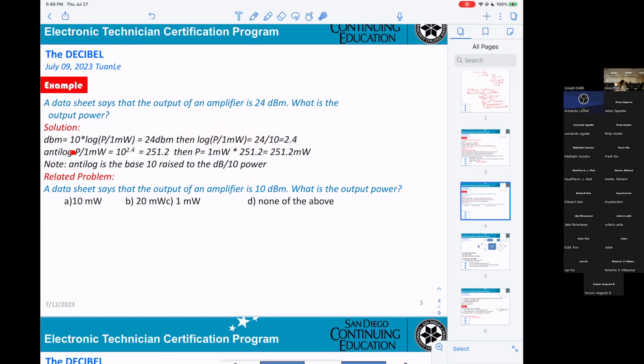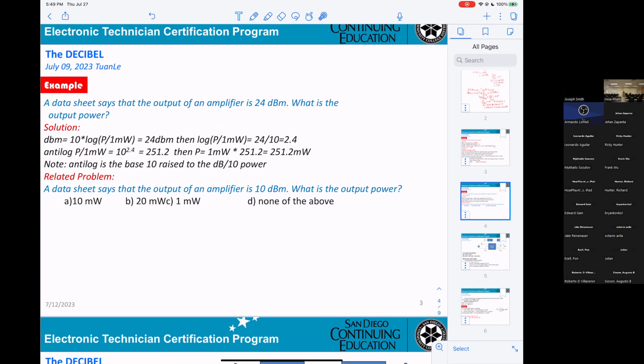And you remove the log. That gives you 10 to the power 2.4, which equals, is it 251.2? Power of 2.4, what does that equal?